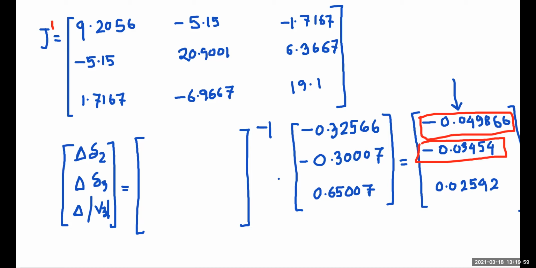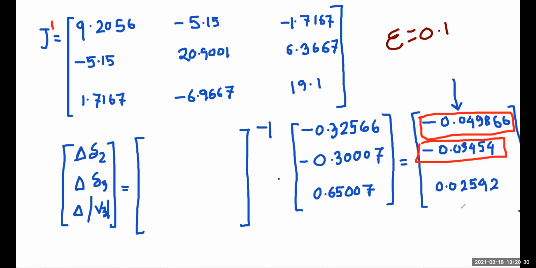In your second iteration it will be 2, then 3, then 4. So when will you stop? What was our tolerance? Remember our tolerance? I told you our tolerance, 0.01 or 0.1, which one? 0.1, right?